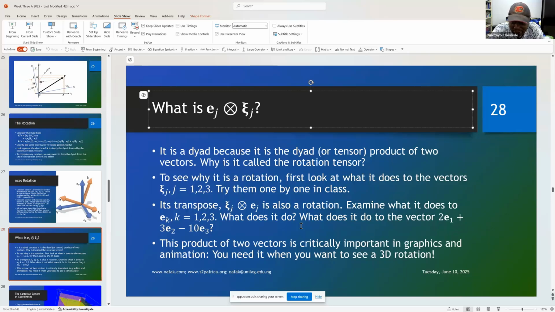That will take you some little more time to do, but I want you to do that and tell me what the result is. What does Xij circle times Ej do to 2e1 plus 3e2 minus 10e3? So I give you 3 minutes to get me that answer.